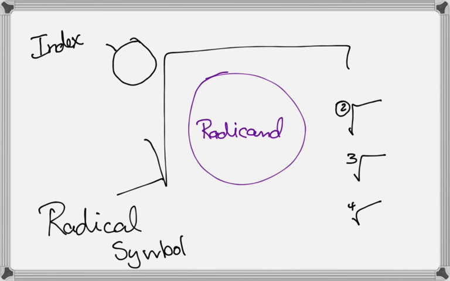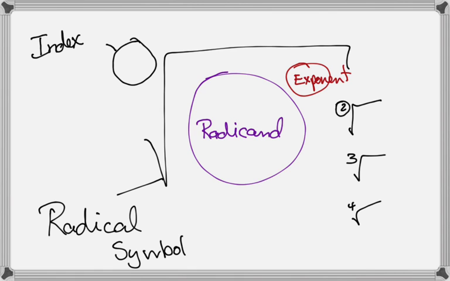And sometimes this radicand has an exponent. So if you don't see a number there, it's automatically understood to be a 2. And the 2 is a square root.